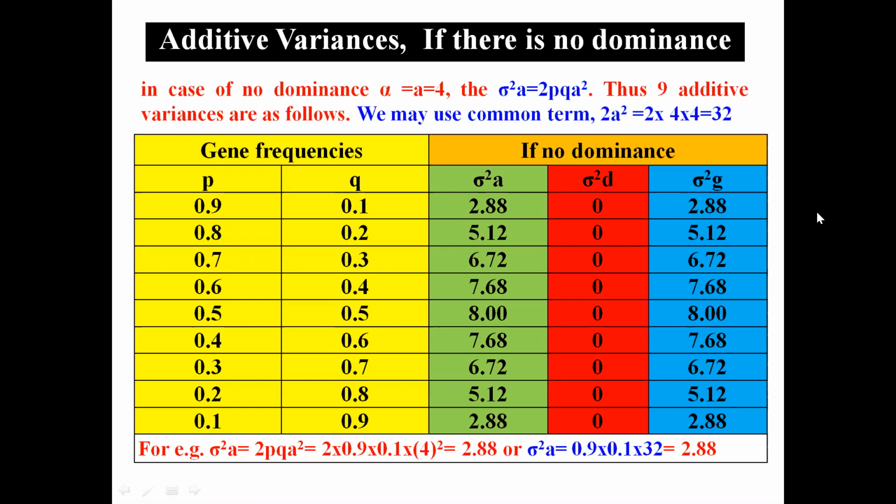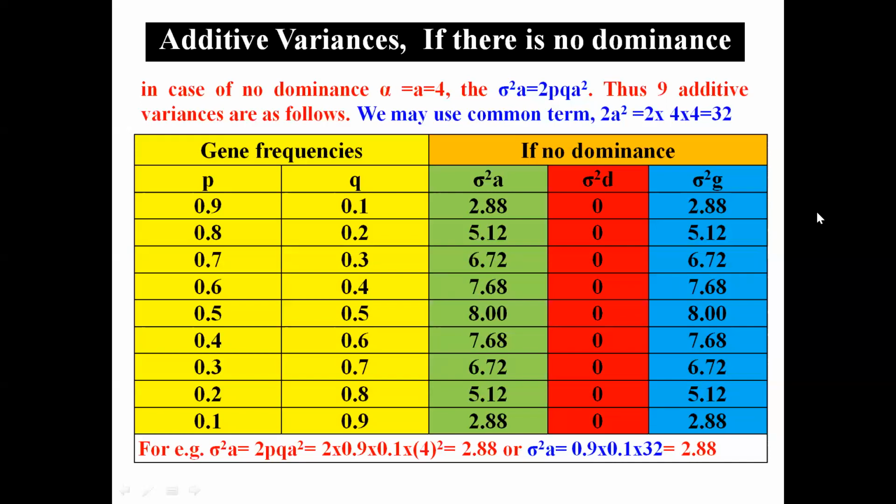On the left side, in the pink yellow portion, our frequencies are given, and on the right side, in the green portion, the additive variance. In all these 9 cases, you may apply this formula, and we will get the additive variances as mentioned in this table: 2.88, 5.12, 6.72, 7.68, 8.0, 7.68, 6.72, 5.12, 2.88.